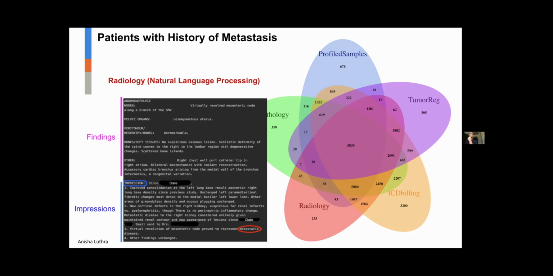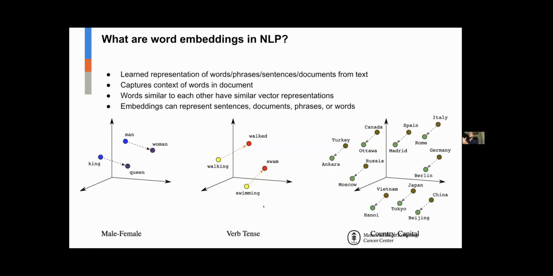With some of the algorithms that are available, you can have a learned representation of the words within the documents, and represent them in, say, a 3D vector space, but it can be infinite dimensions.